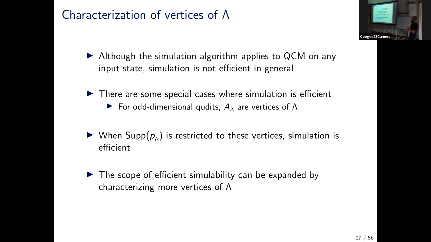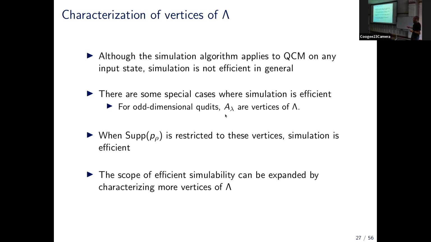So for example, in odd dimensional qudits, the standard phase point operators of the Wigner function are vertices of lambda. So if you were starting with a state that were inside the convex hull of those phase point operators, then the simulation algorithm would be efficient. It's only when you go outside that set that you lose the guarantees of efficiency. And you could have a bigger set of vertices for which you have efficiently computable update rules.